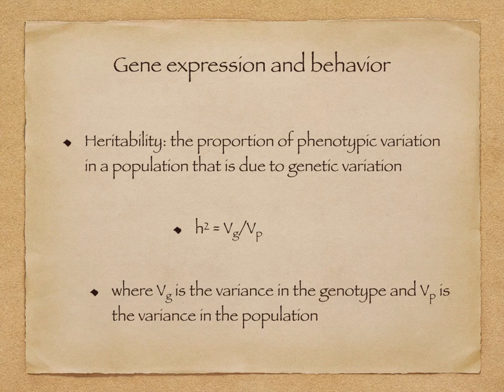So this is a number that can actually be calculated. Problematically, though, the factors that are associated with the variability in the genotype and in the phenotype really are multiple.